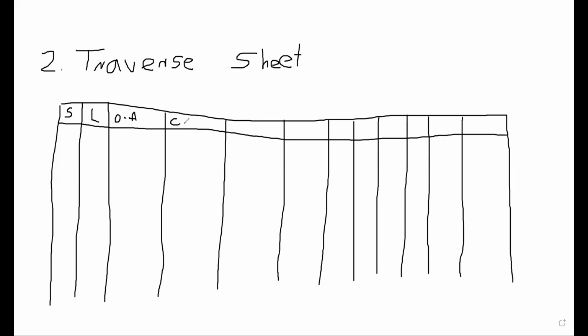Then the corrected angle, whole circle bearing, length, delta E, delta N, then corrected delta E, delta N, and their coordinates.